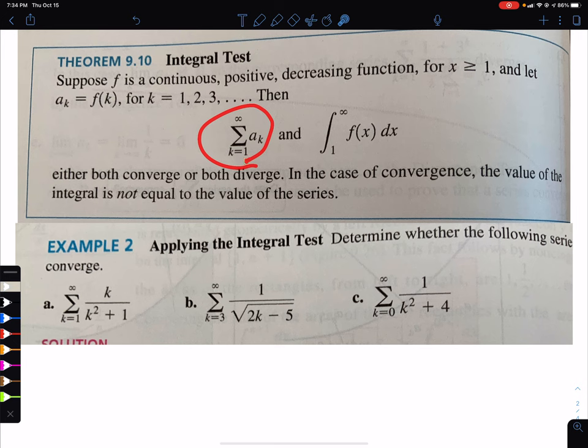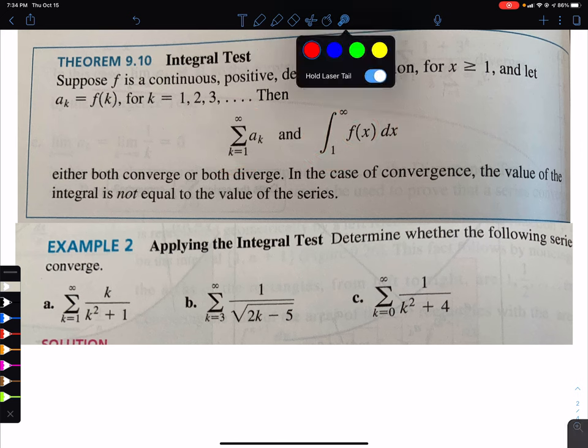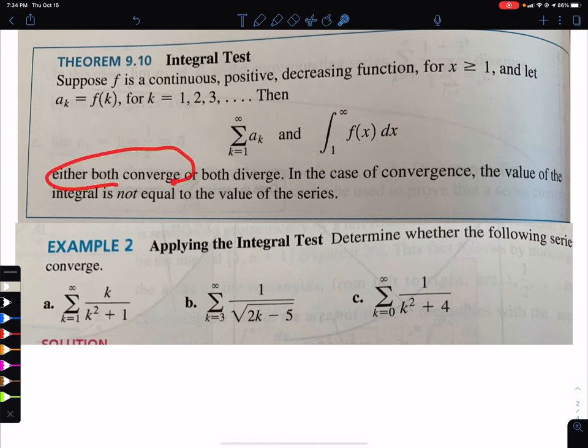If I notice I'm able to integrate this term, if a sub k is integrable, then I can integrate this thing, and whatever this does, if that converges, that converges. If this diverges, this diverges. They both do the same thing. So either both converge or both diverge.